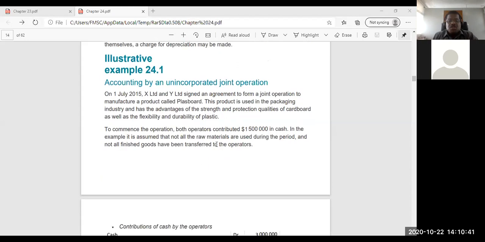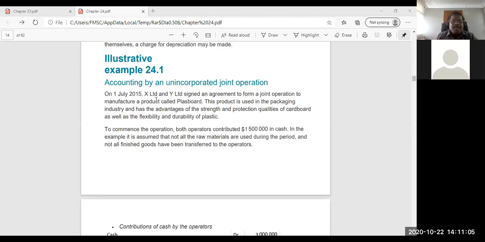To commence the operation, both operators contributed 1.5 million cash. X contributed 1.5 million, Y contributed 1.5 million. They are not investing in shares. They just put money into this project. What is the project? Production of plasboard.